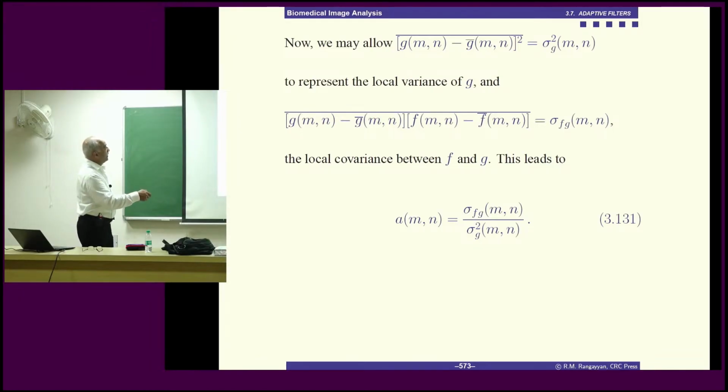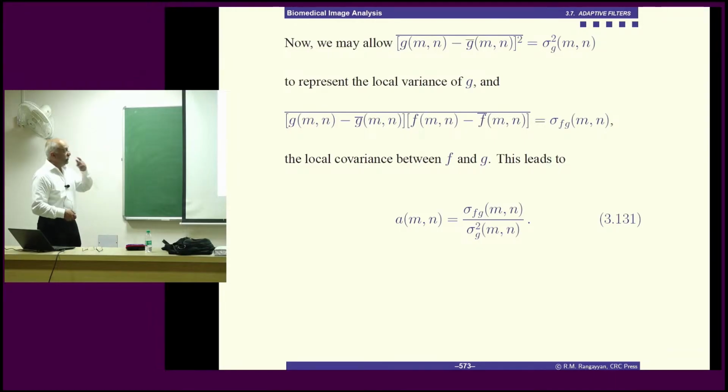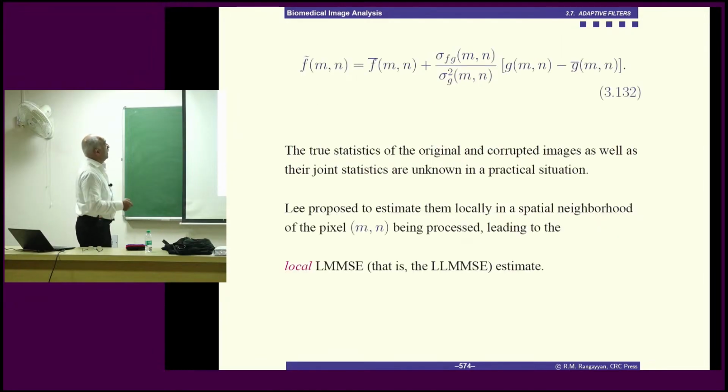That's a local variance of G. And G minus G bar times F minus F bar is sigma Fg, the covariance between the two of them. So this says then Amn is sigma Fg over sigma square G, a ratio of the covariance to variance. So F tilde is F bar plus, you put them all together, sigma Fg over sigma square G, times G minus G bar.